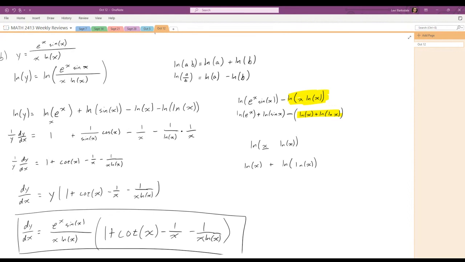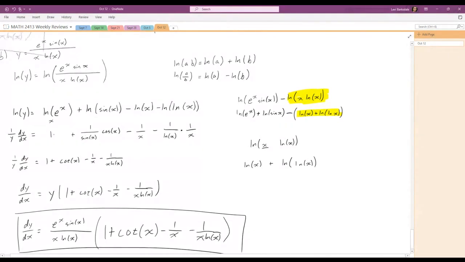So, sorry, I was a little behind the curve because I was a little lost, but trying to figure out which step it was. Okay, so that 1 is from e to the x over e to the x, correct? On the second line, right here? Yeah. So what I did here is I took my natural log of e to the x.